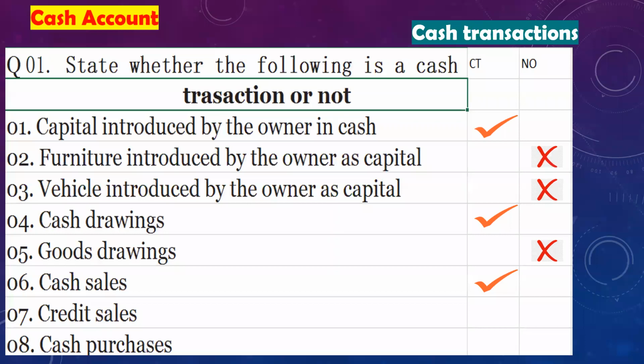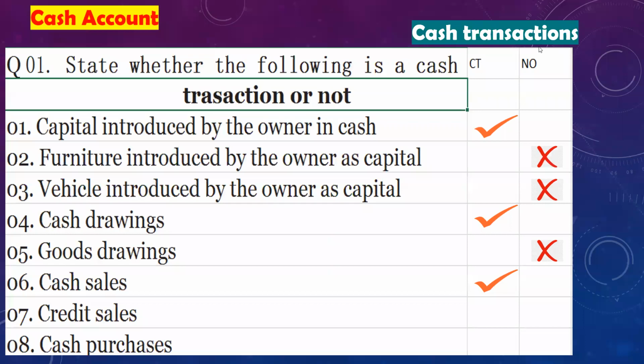What about number 7? 1 or 0? Okay, that's cool. It's not a cash transaction. It's a credit sale. So when we sell the goods on credit to customer, we don't receive the money on the spot.